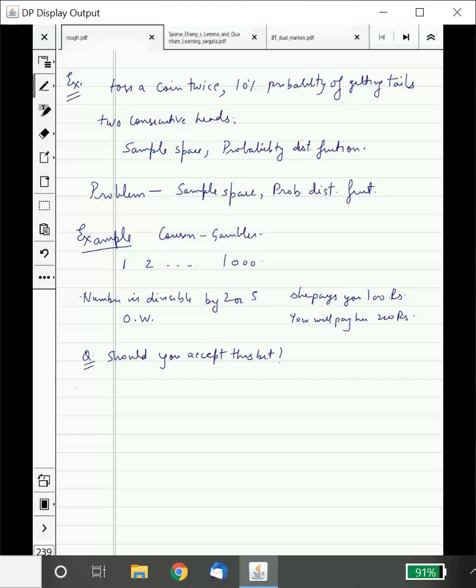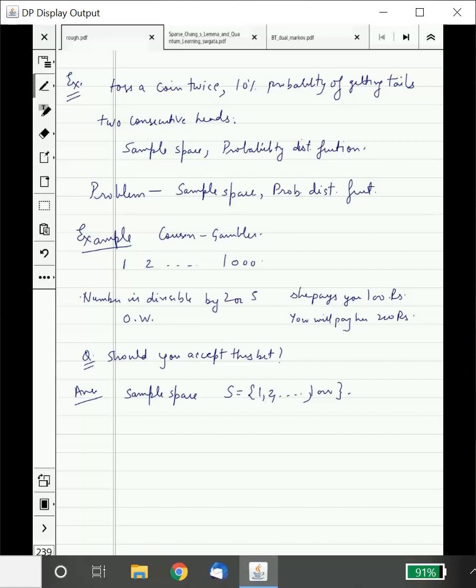Our first goal should be to find the sample space. The sample space is pretty simple in this case. It is the set of all numbers from 1 up to 1000. These are all the possible outcomes we have. And then the next step is to find the probability distribution function.